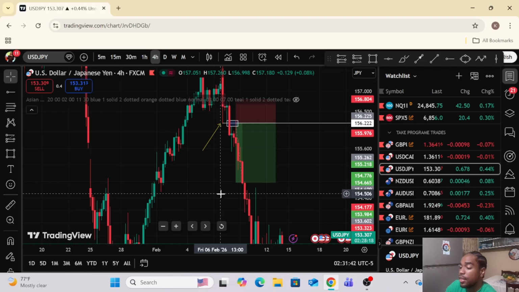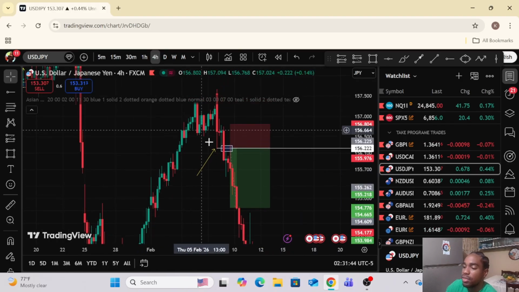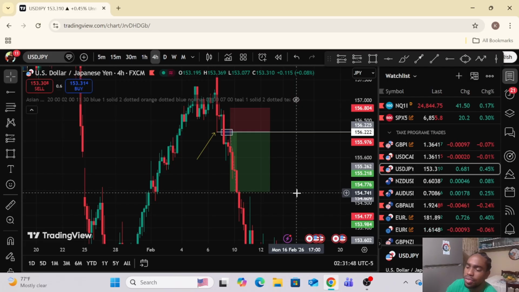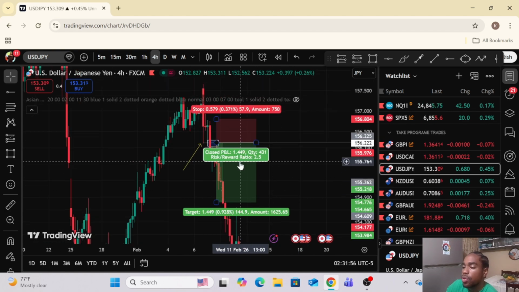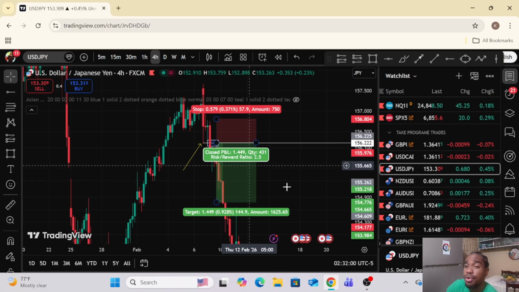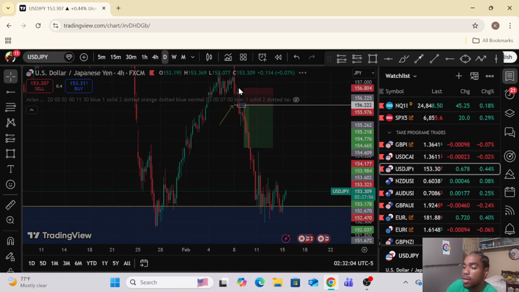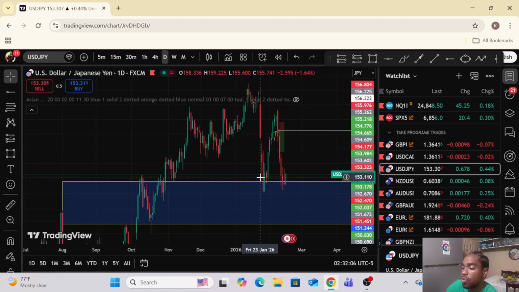I just did not want to be greedy, seeing that I already took an L on a different account trying to buy. I didn't want to be greedy and try to make up for profits and all of these things. That is the quickest way that you fall when you try to do these things. So I took a lovely 1:2.5, which is pretty decent. But the ultimate TP would have been this beautiful low right here.